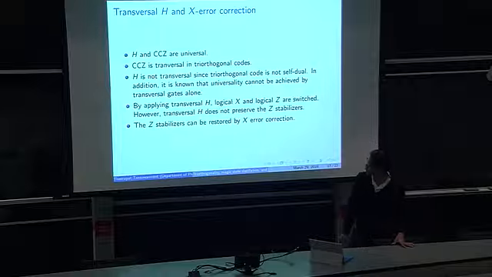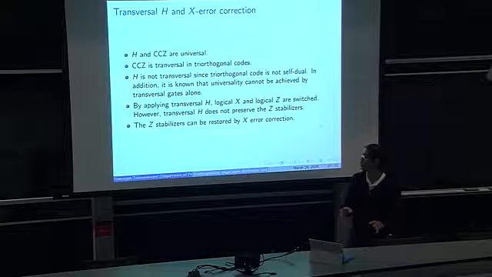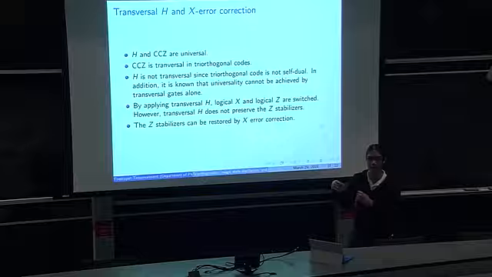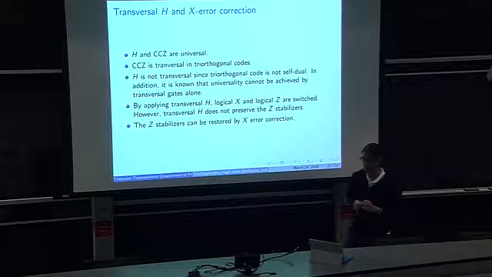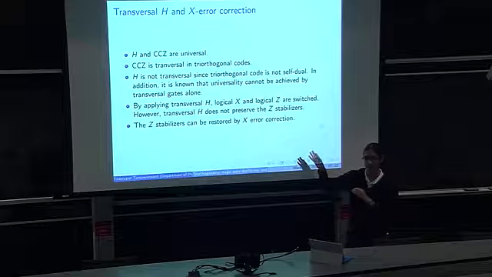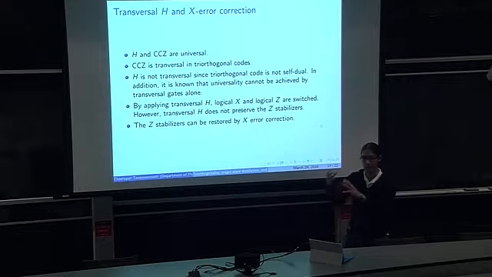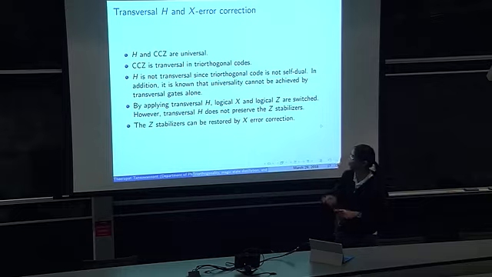So what we want to do here is apply the transversal H and then apply the error correction. If we write the 15-qubit Hamming code, we have X-type generators and Z-type generators, and we will fix the gauge qubits for another 6 encoded qubits. We will find that by applying a transversal H, the logical X and logical Z are switched.